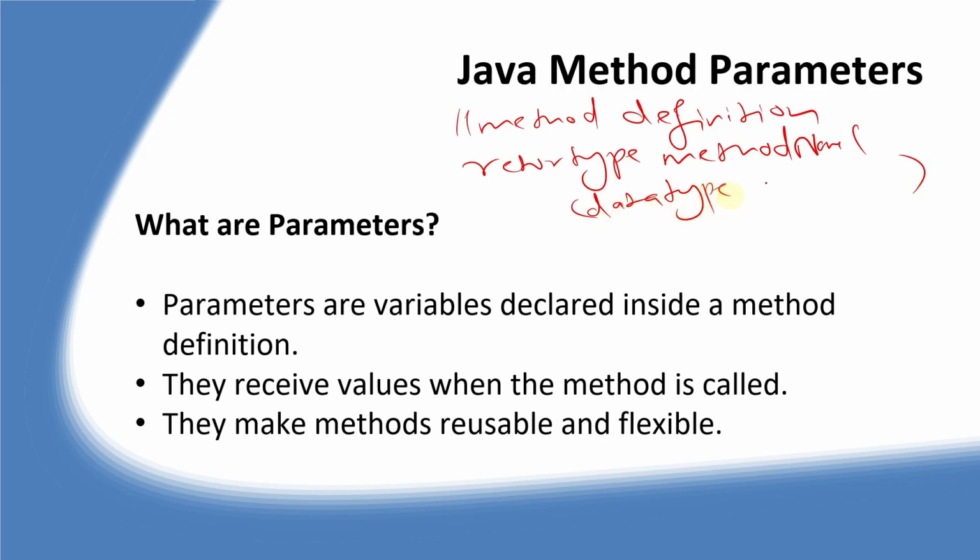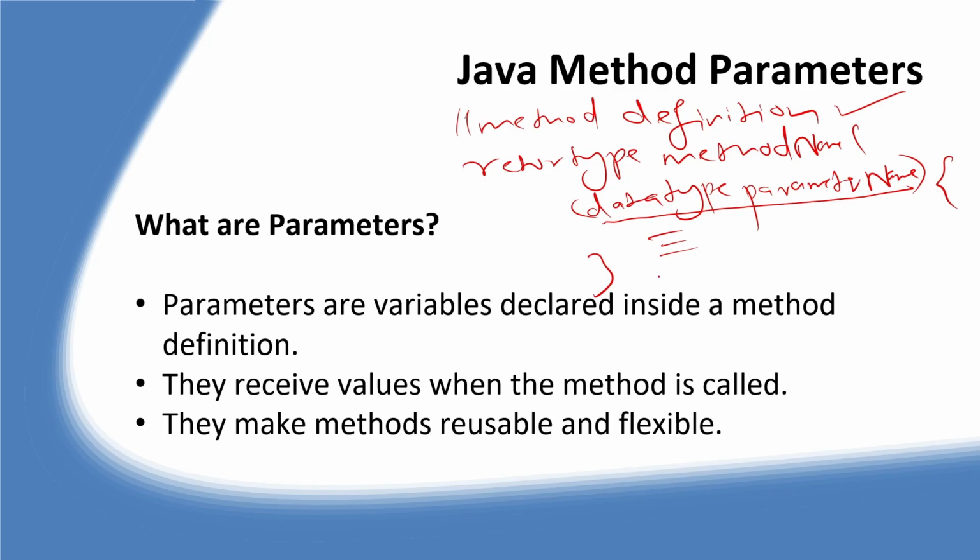So first the data type, then the parameter name, then curly braces, and inside curly braces we'll have the lines of code. So this is the method definition. This is the syntax we already know. The only thing we are learning in this video is parameters, how to pass parameters, and what the different types of parameters are. Okay, we'll see these things.